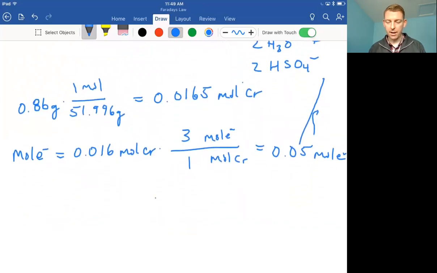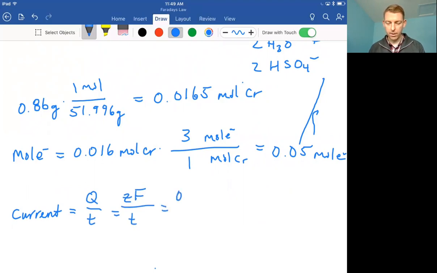So now that we have the moles of electrons, to find the current, which is what the question is actually asking, this is the charge per time, which is also, we've said, the moles of electrons times Faraday's constant for charge, still divided by time.